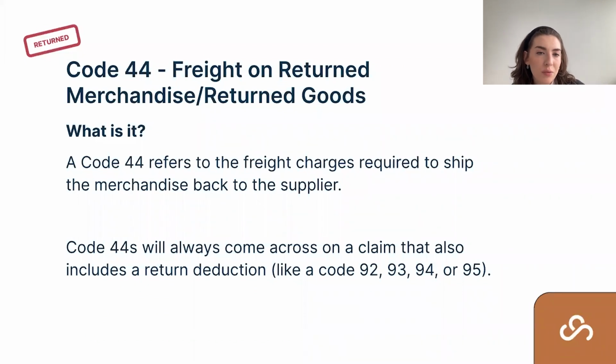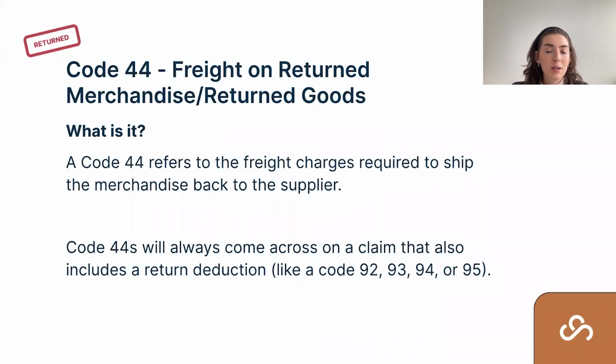So let's start with the code 44. We talked a little bit about this, but essentially it refers to the freight charged to ship the merchandise back to the supplier, or if you're shipping to whatever your OSA outlines, it could be a consolidation center, et cetera. So it's going to be for those freight charges. And they're always going to come across on a claim that also includes a return deduction, like I listed out before.